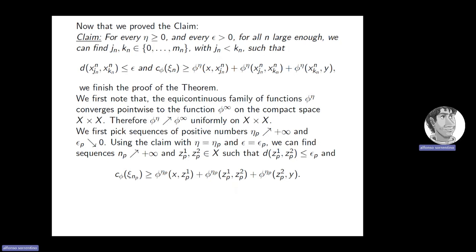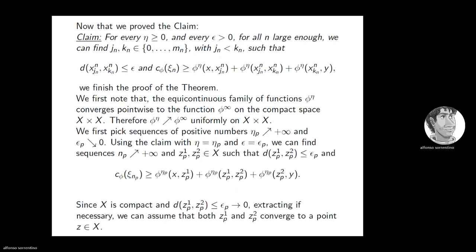These 2 points are at distance epsilon p, which goes to 0. So I can extract a sequence so they both converge to the same point z. I can relabel if needed or extract, and I can assume that both z1p and z2p converge to a point z in x.